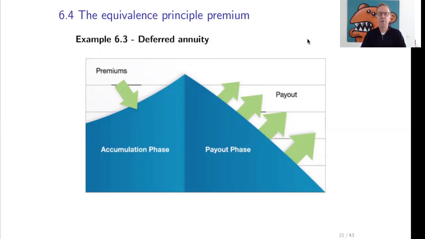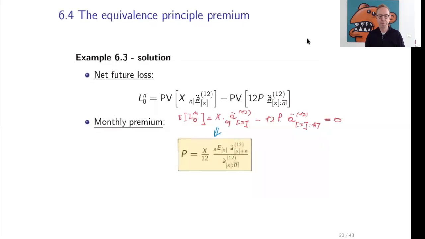In this deferred annuity that we described, we first have the accumulation phase. Our policyholder savings account is growing, and then after retirement there is the payout phase where the policyholder's account is slowly going down because there are no extra premiums paid in, and there are pensions, annuities paid out.